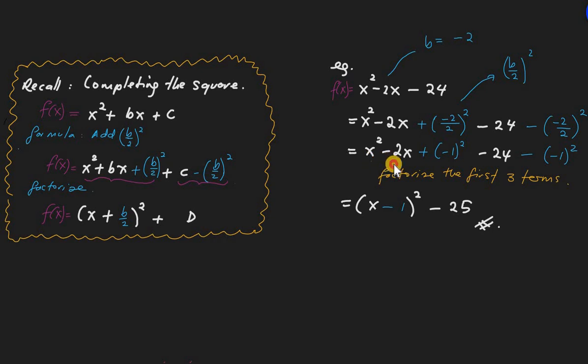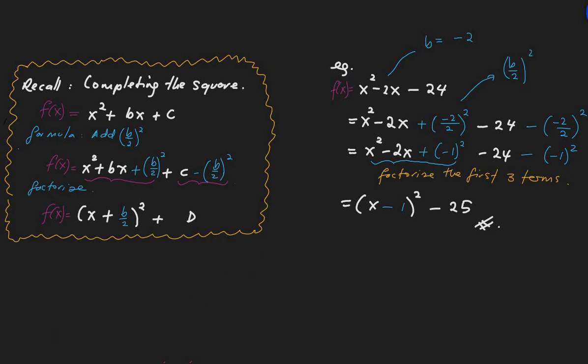As we factor these 3 terms, you will get x minus 1 square. You can check back, expand it back, you will get x square minus 2x plus 1. Then the remaining portion, we simplify, it becomes negative 24 minus 1, which is negative 25. So that is a simple technique to complete the square.